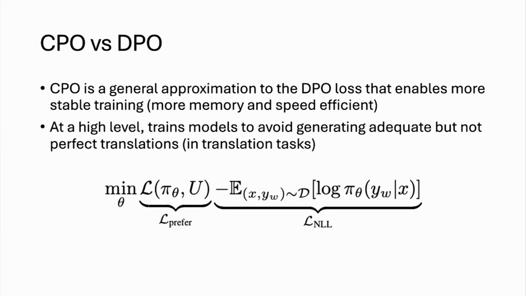In terms of the loss function itself, the first term encourages the model to rank preferable or winning responses higher than the non-preferable ones. And the second term basically encourages the model to align with the training data and predict the preferred variants as more likely and the non-preferred variants as less likely.